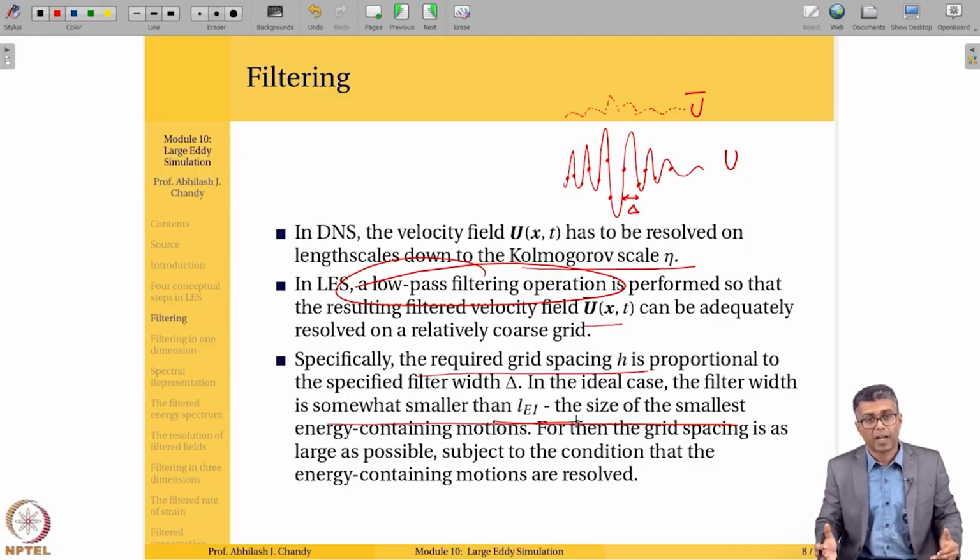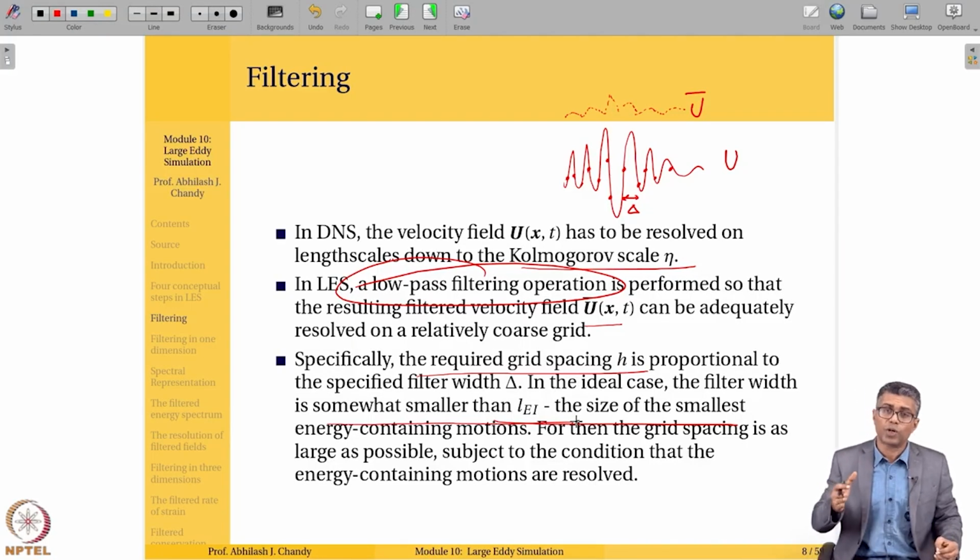So that is why you want it to be smaller. Now, you don't want it to be larger, of course, because then you might be missing the energy containing motion, and then your approach of LES is going to be wrong. So you want it to be somewhat smaller than LEI, just to be safe, just to make sure that you are capturing at least all the energy containing motions.